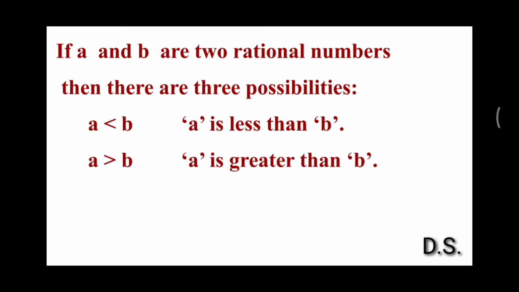Second, a is greater than b. Third, a is equal to b. That means a will be equal to b or a may not be equal to b. If a is not equal to b, then a is less than b or a is greater than b.